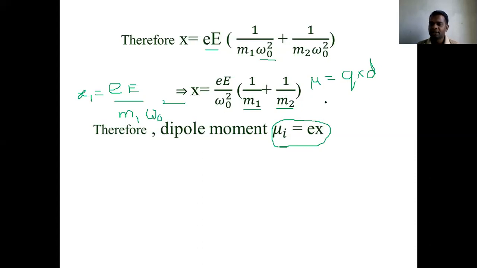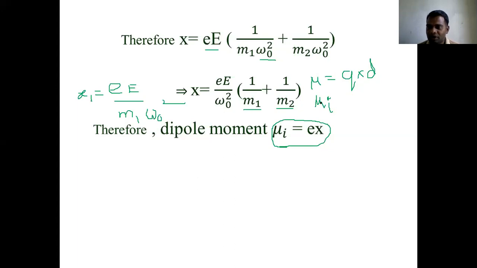Now we are talking about ionic polarization. So in place of mu, I can write mu I for representation, where I means ionic. What is the charge?